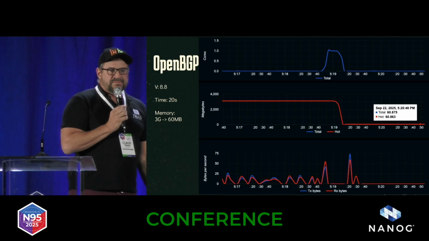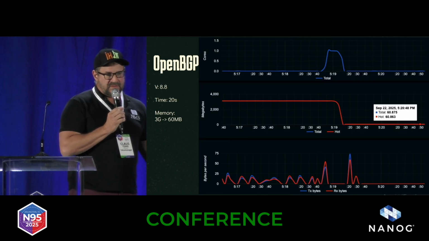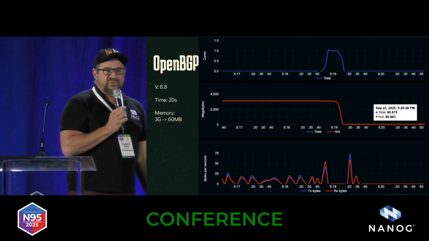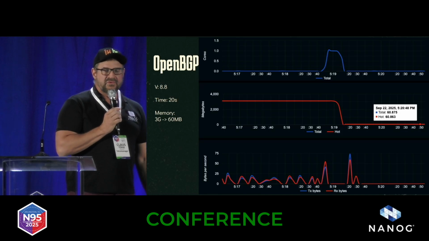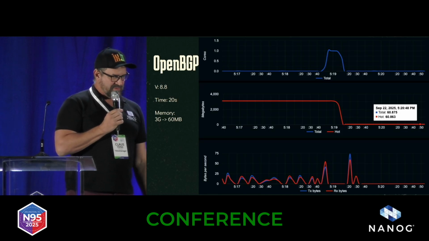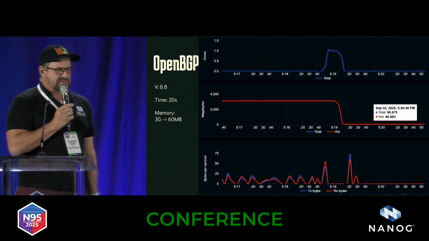Coming down, it's pretty good. It goes from 3 gigs to 60 megabytes in terms of memory, and took around 20 seconds of CPU to clean up that mess in the memory, which was pretty good.